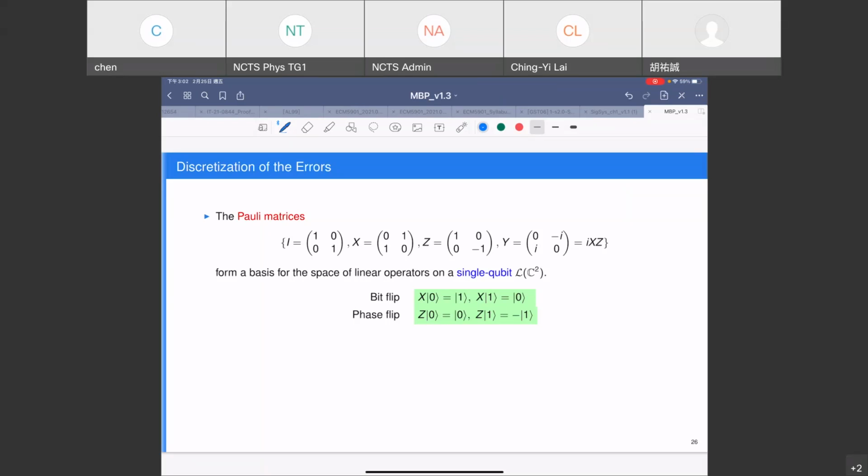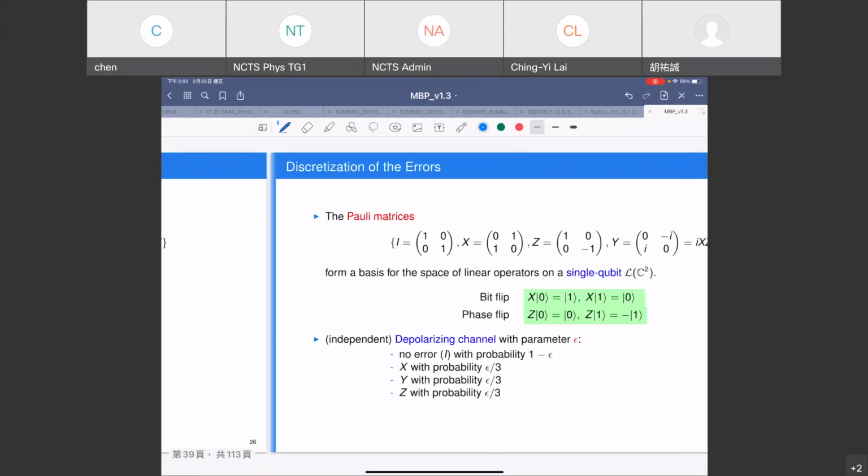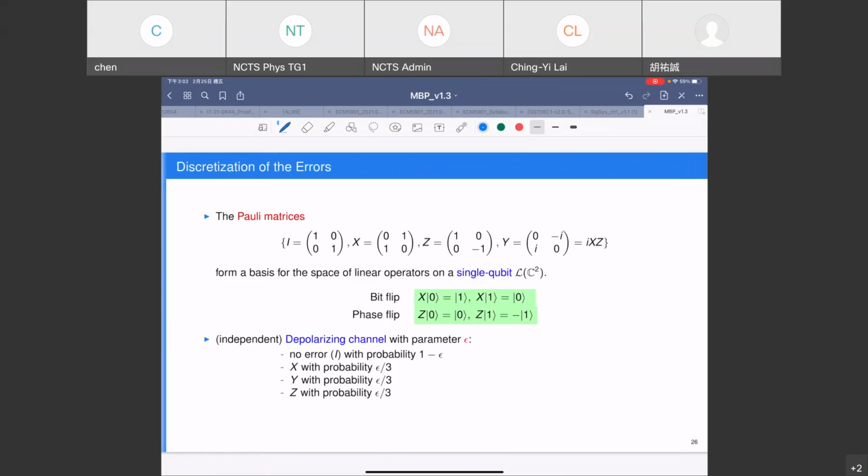Usually we assume a depolarizing channel with a parameter epsilon, such that a qubit has no error with probability 1 minus epsilon, and an X, Y, or Z error with probability epsilon over 3.